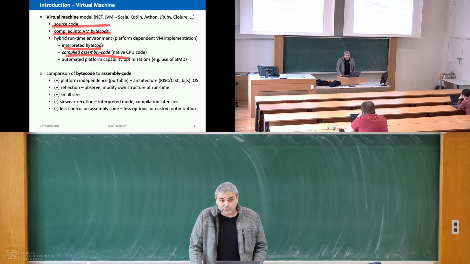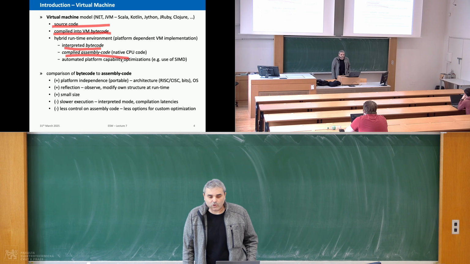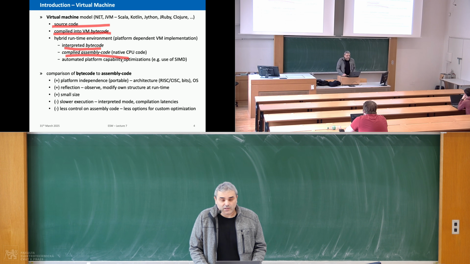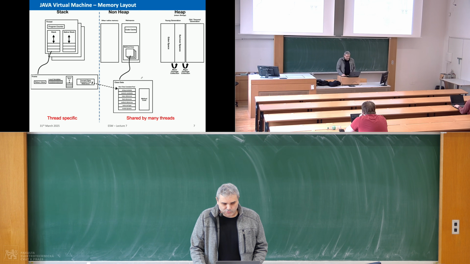The benefit of this later compilation is that the runtime can automatically use the capabilities of the system for optimization, like SIMD instructions and other optimization techniques. Here you have a comparison of bytecode and assembly code in general. Let's move to the next slide.